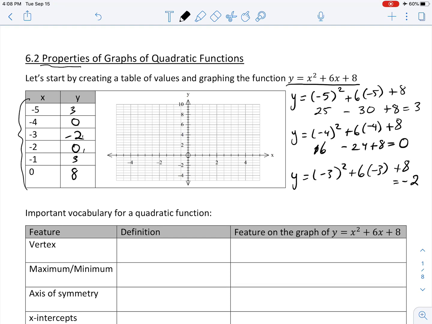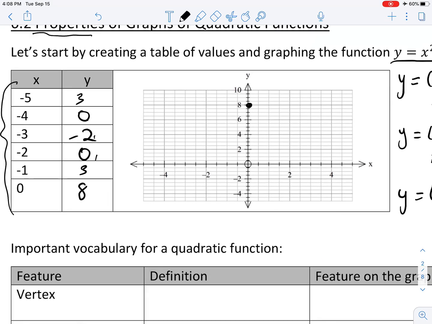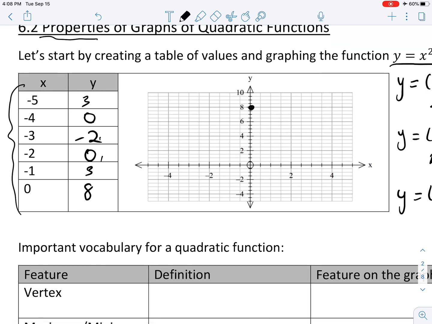So if I plot these points on here, (0, 8) is here, (-4, 0), (-1, 3) is here, (-2, 0), and (-3, -2) here, and then there, and (-5, 3) is there.